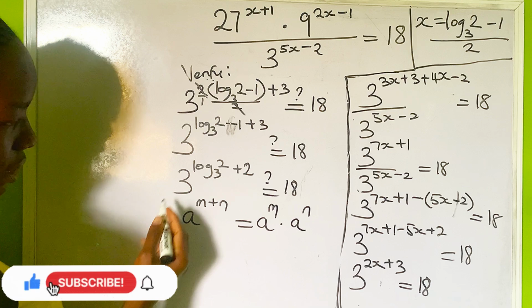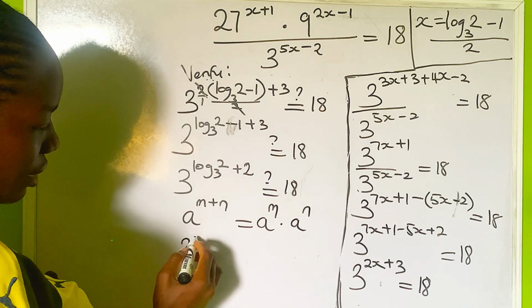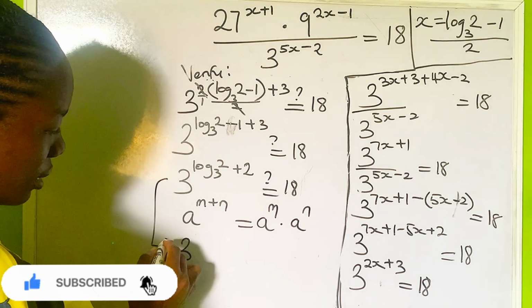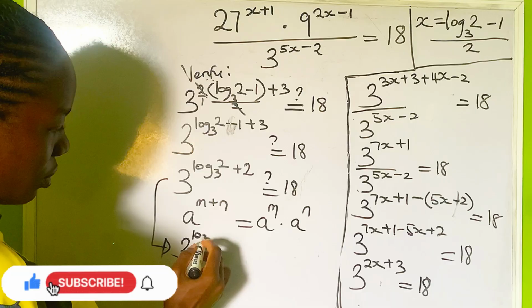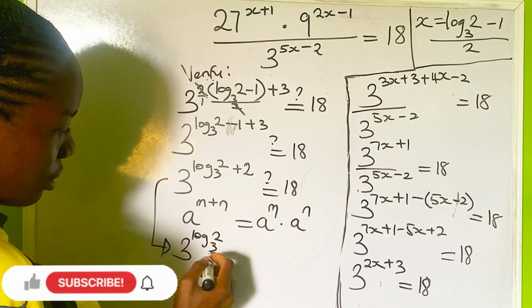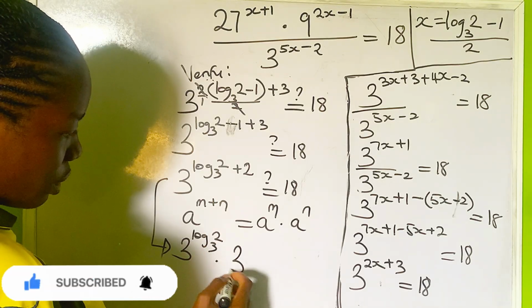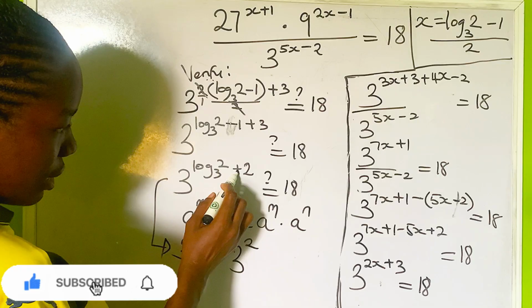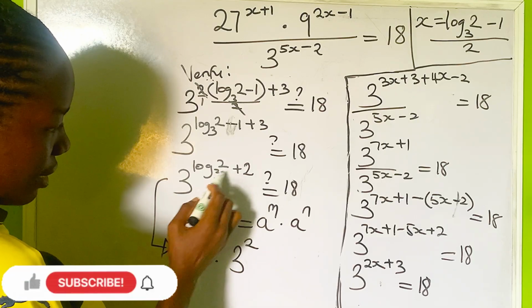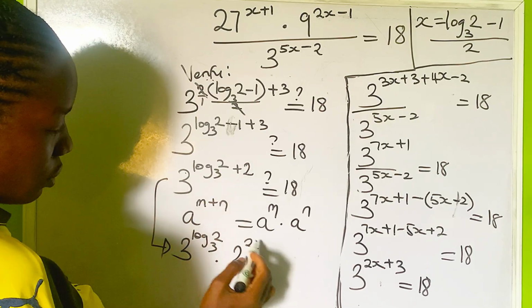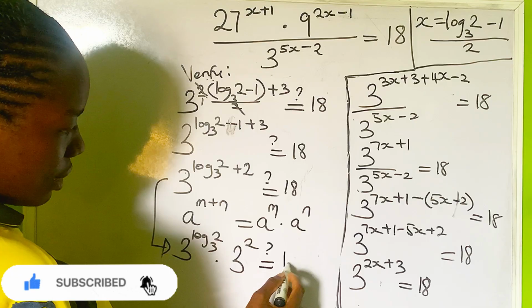So we're going to be doing that. So we now have 3 raised to the power of log 2 base 3 multiplied by 3 to the power of 2. So this has now turned to 2 multiplied by 3 raised to the power of 2.